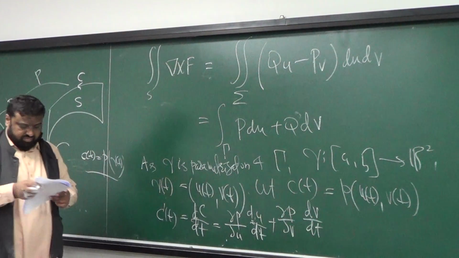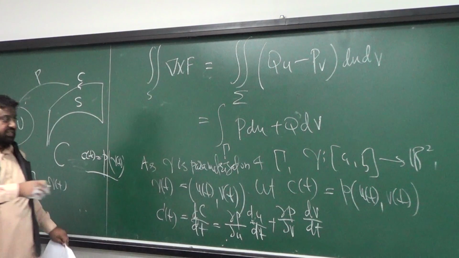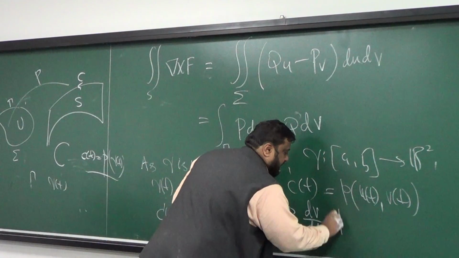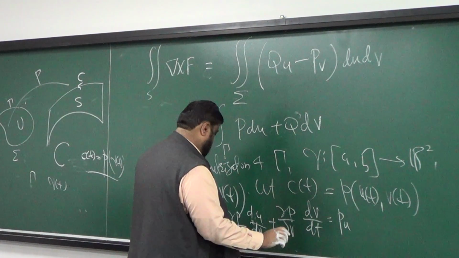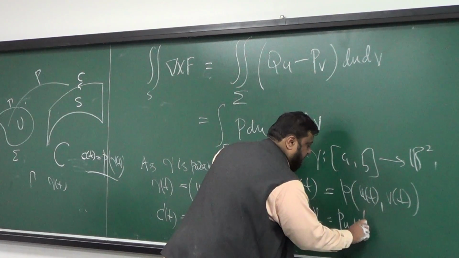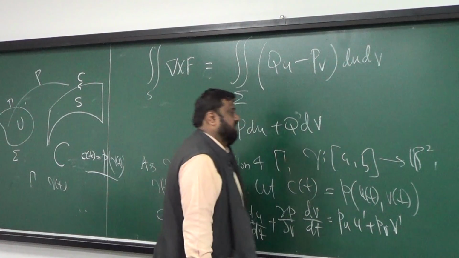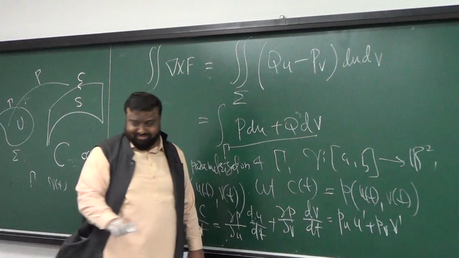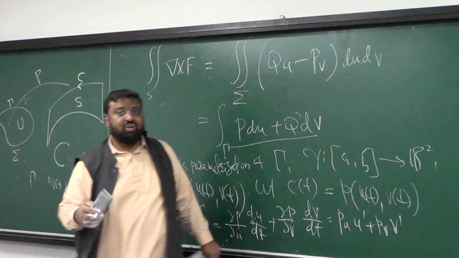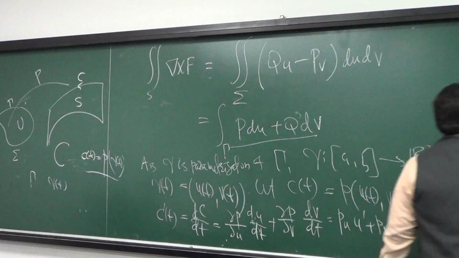Okay? So you have got it. Therefore I can say that this is P_U and U prime, and P_V and V prime. Let's see how it turns into our required line integral.